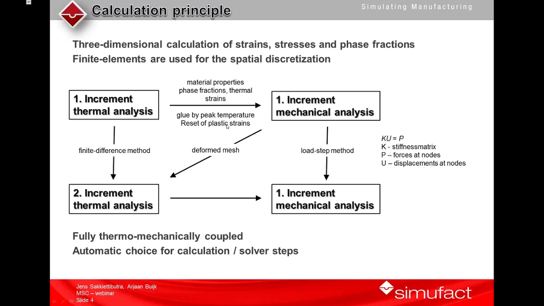The molten material does not know a hardening history anymore. And then, using this, we perform our mechanical analysis. With the information of the deformed mesh and the former thermal distribution, we can do the second analysis and so on. So this is really coupled.